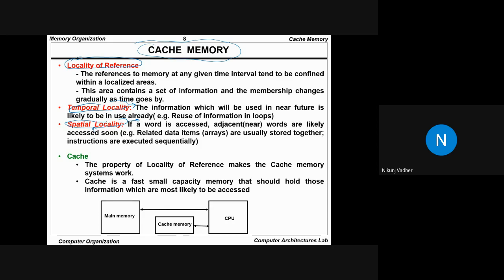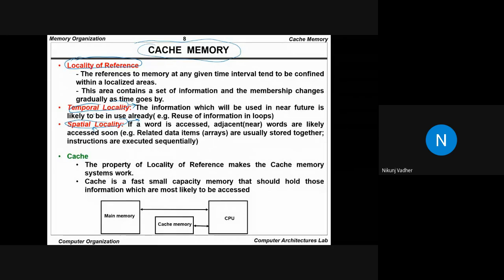But if you skip to 1 hour, or 30 or 40 minutes, it will take some time. Why? Because using spatial locality, upcoming content will be placed into the cache with the assumption that it will be required in the near future. What will happen in temporal locality?